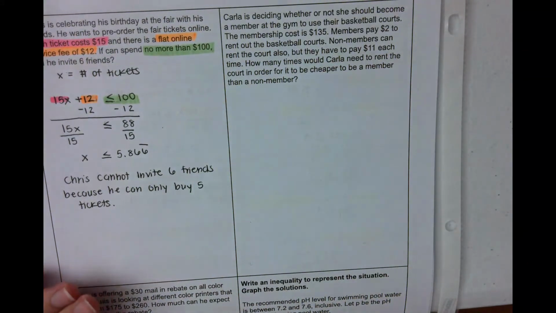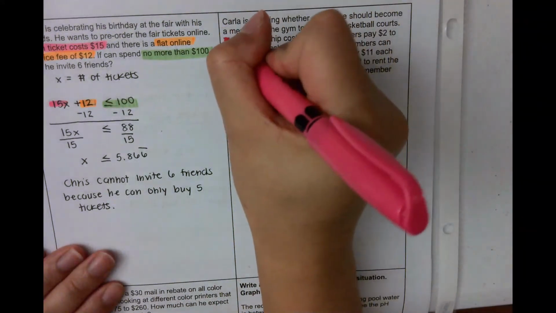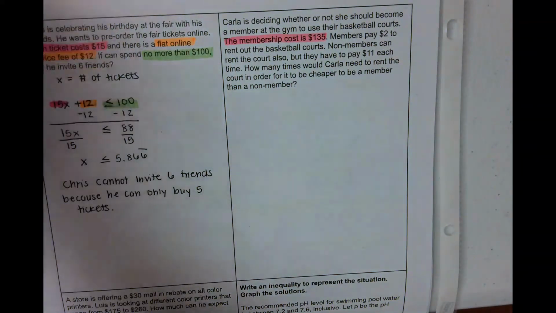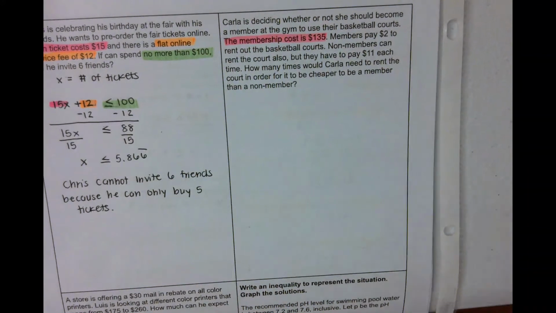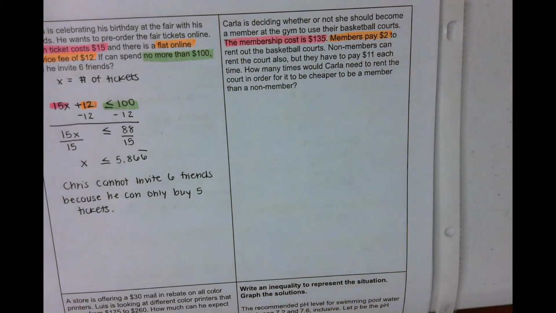Again, let's highlight some important information. We know the membership cost is $135. We know that members pay $2 each time to rent a court.